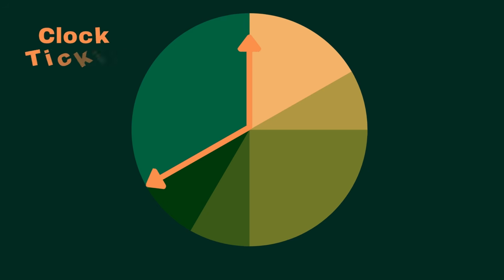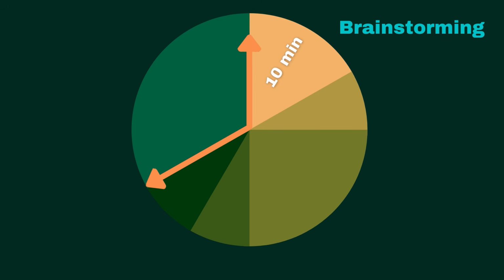Let's look at the clock ticking diagram here for your division of time. You will spend the first 10 minutes to brainstorm for ideas and details related to the title of your story. You will spend 5 minutes to write the beginning of your story.